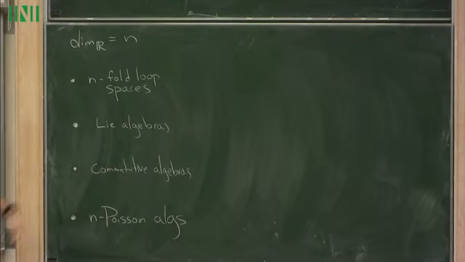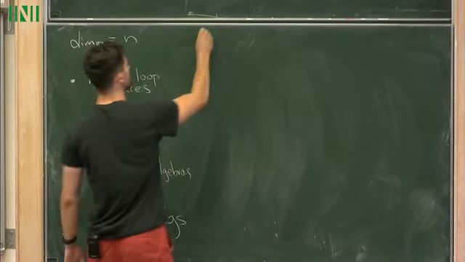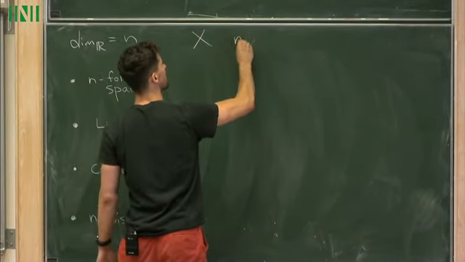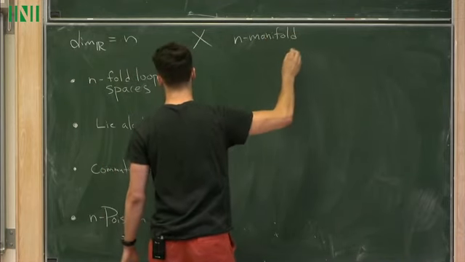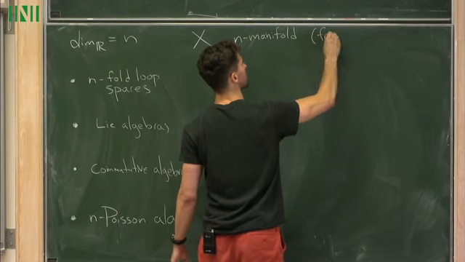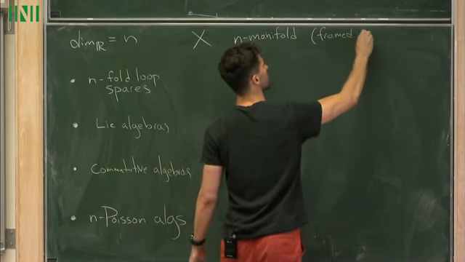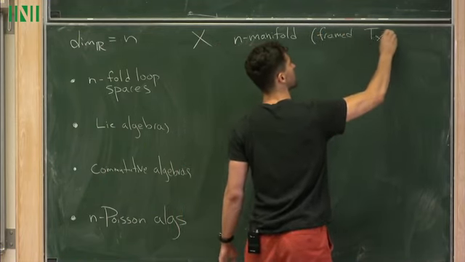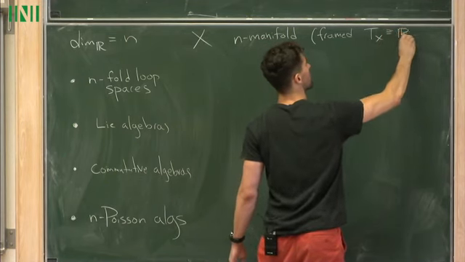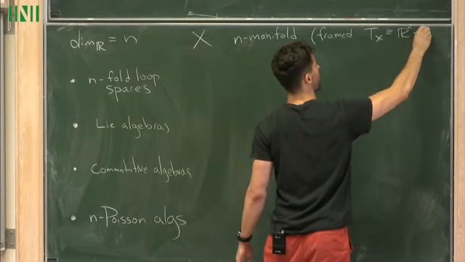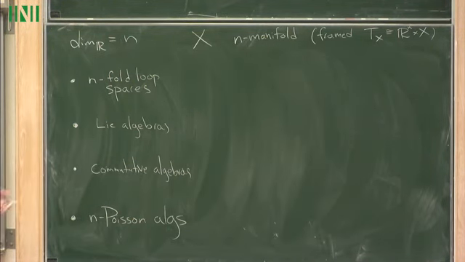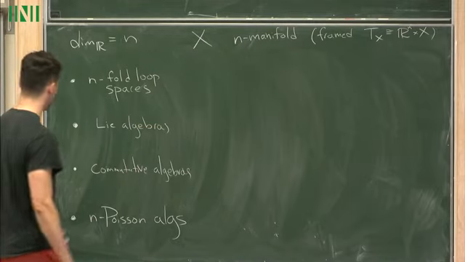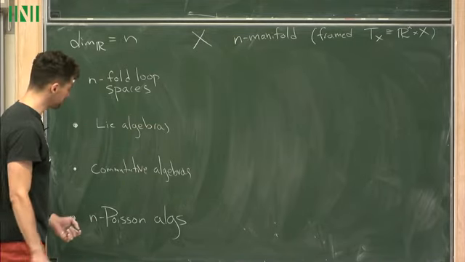In each of these cases, X will be an n-manifold, and maybe we'll say that it's framed. In other words, we choose an isomorphism between the trivial rank n bundle and the tangent bundle of X. Of course, most manifolds don't have that, so we'd be limiting ourselves, but we might do that for some of these examples, like this one.